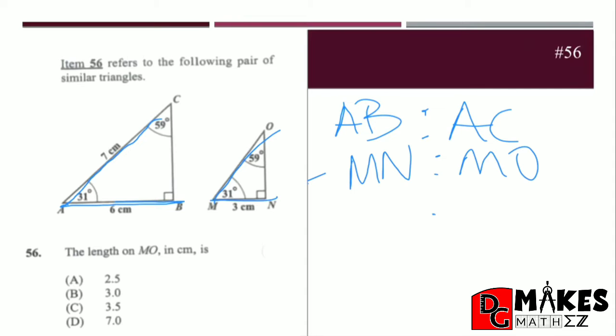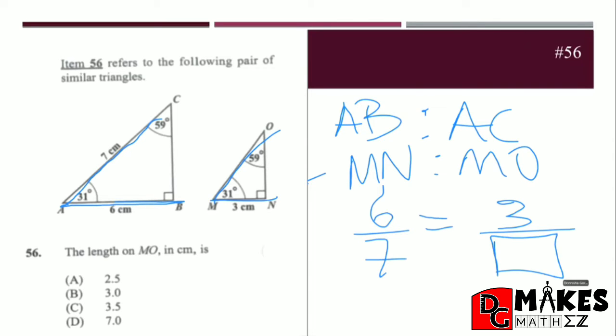All right, so we're going to have 6 to 7, and we're going to write it fractionally now, being equal to 3 to something we don't know.